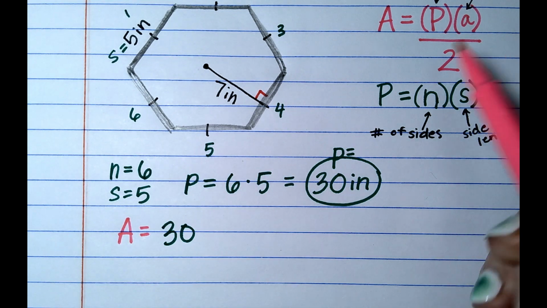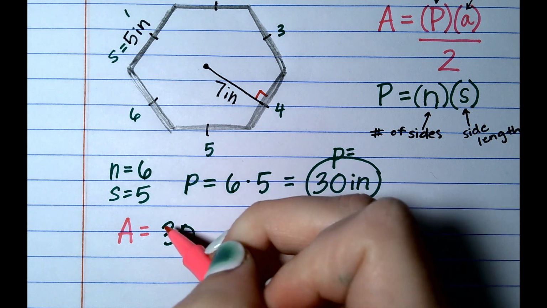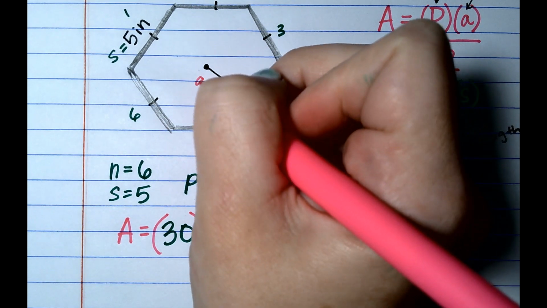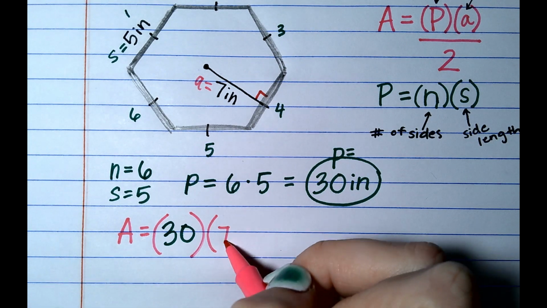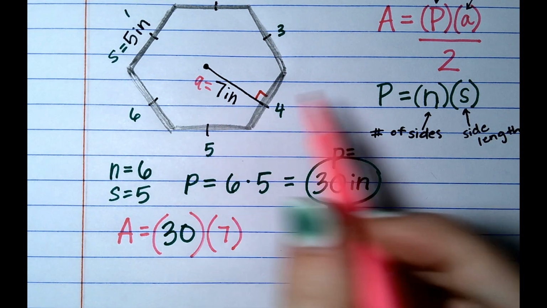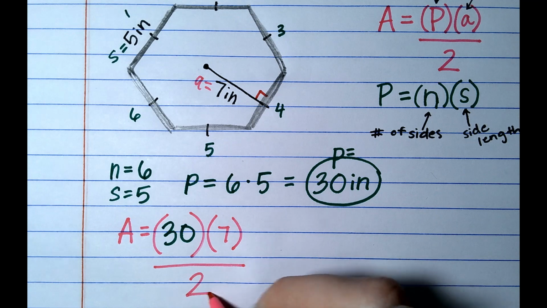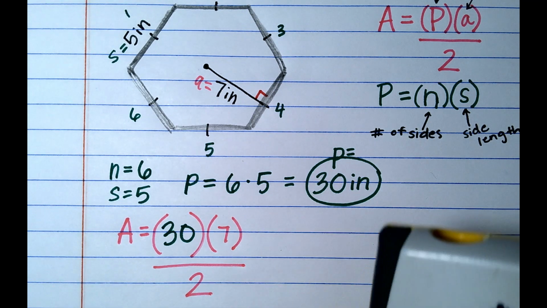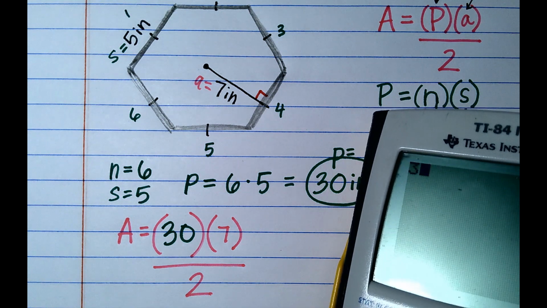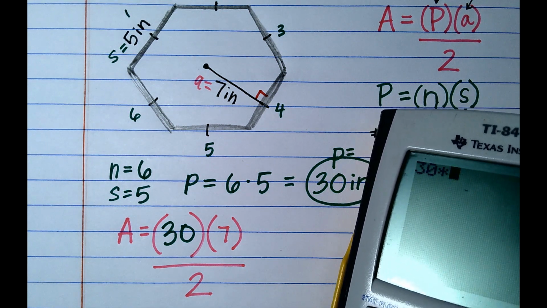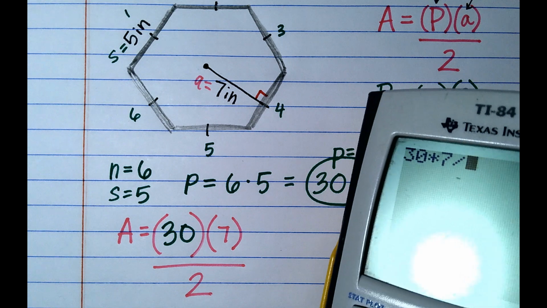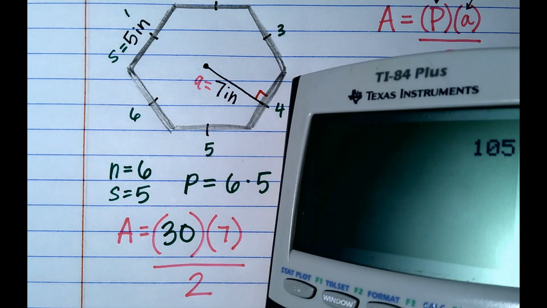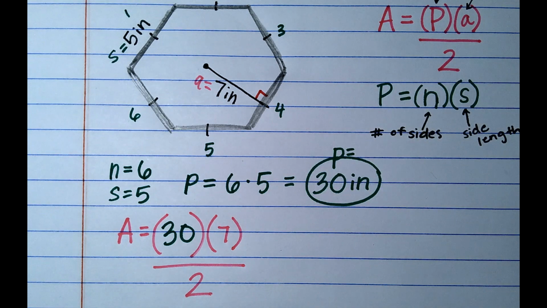Perfect. So we need to take the perimeter, which we just found is 30, times the apothem, which is 7. So 30 times 7, and then we divide by 2. And I can actually type it in all at once if I want. 30 times 7 divided by 2. 105 inches squared.